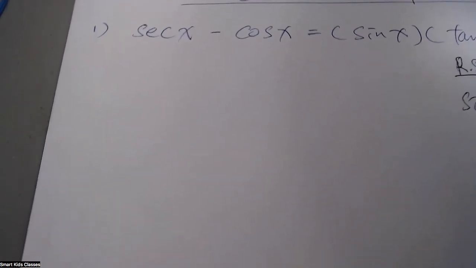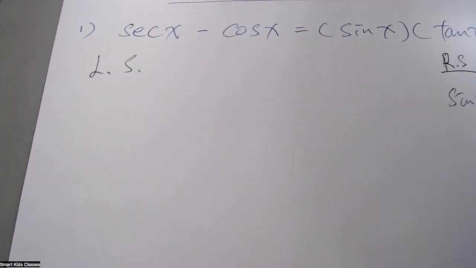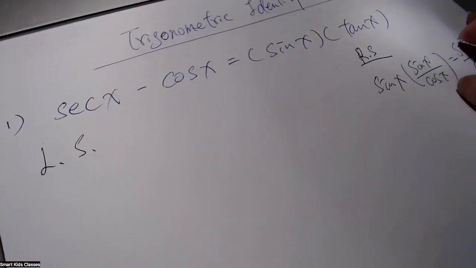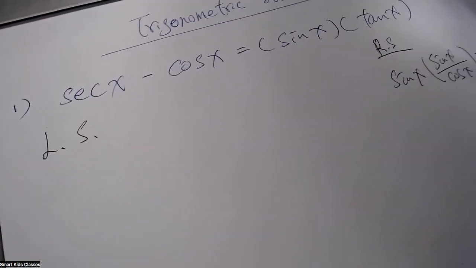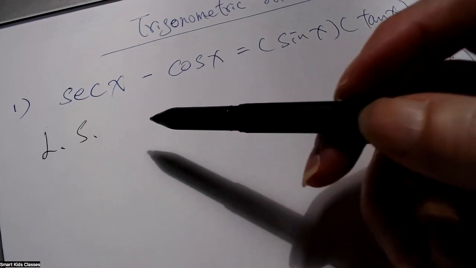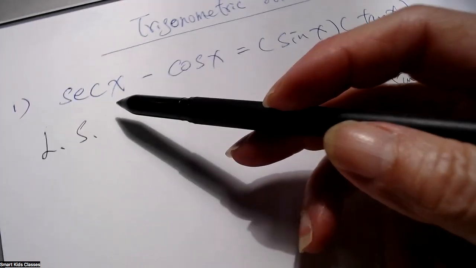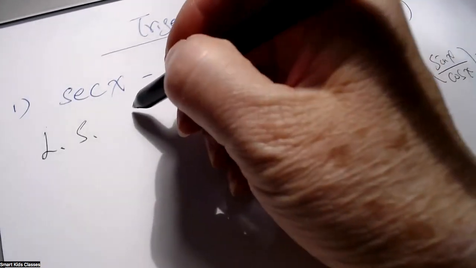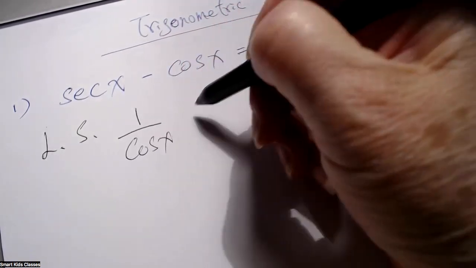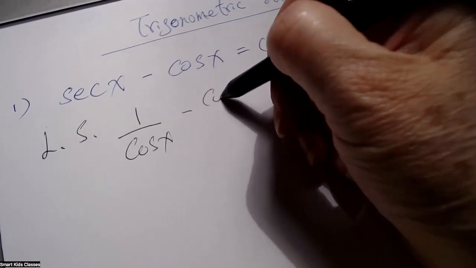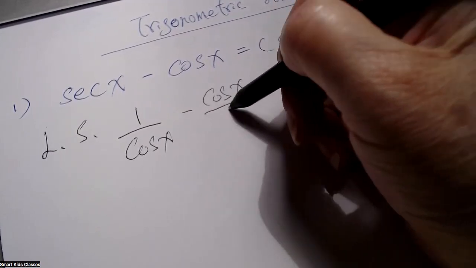So I move the camera. I'm still thinking this angle looks better. Okay, here we are. We're going to write the reciprocal: secant x is 1 over cosine x, minus cosine x over 1.